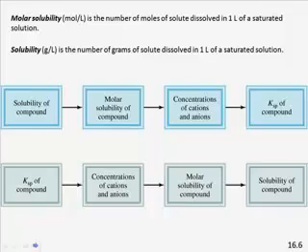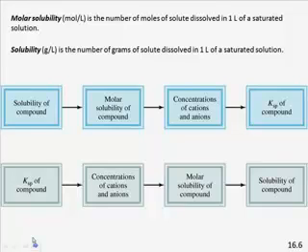This is a diagram showing the types of calculations that we'll be doing and the general process. At the top, if you have the solubility of a compound in grams per liter, you can convert that to the molar solubility of the compound. When you know the molar solubility, you know the concentrations of the cations and anions in solution, and you can use this to find the KSP of the compound.